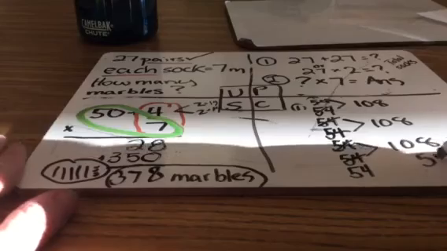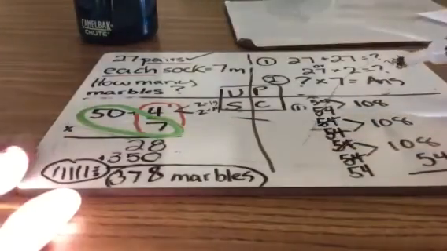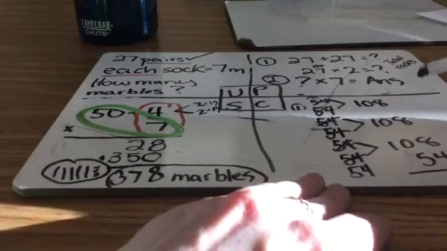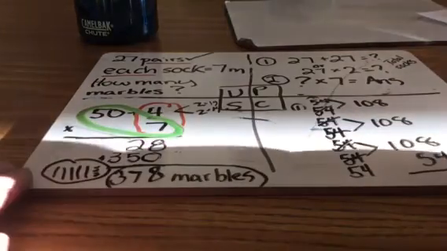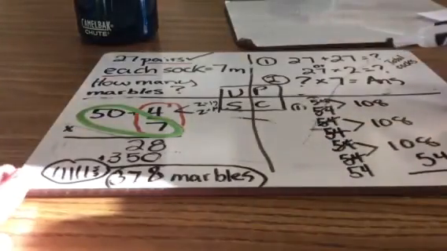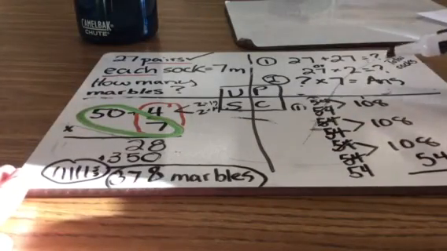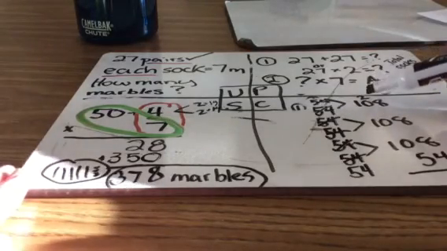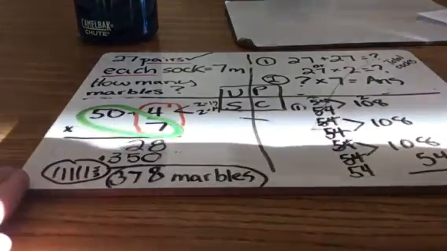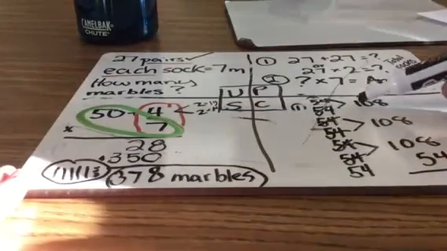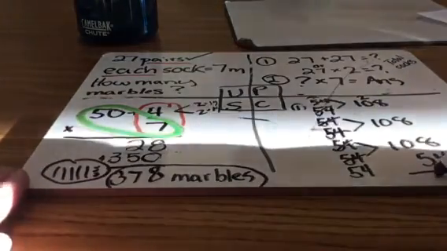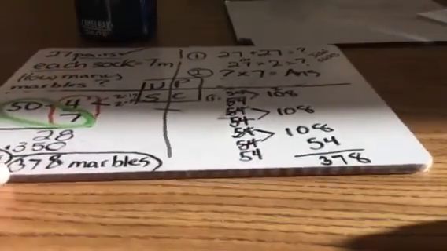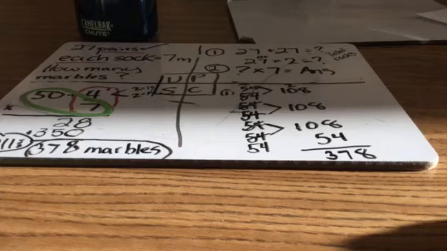And then 54. Okay, so 8 plus 8 plus 8, that's like 8 times 3 is 24. Plus 4 more is 28, so I carry my 2 10s. 2 plus 5 is 7, and 1 plus 1 plus 1 is 3. And we got the same answer, so we know our answer is correct.